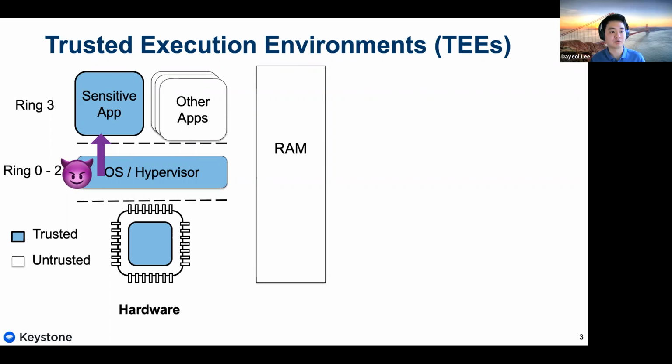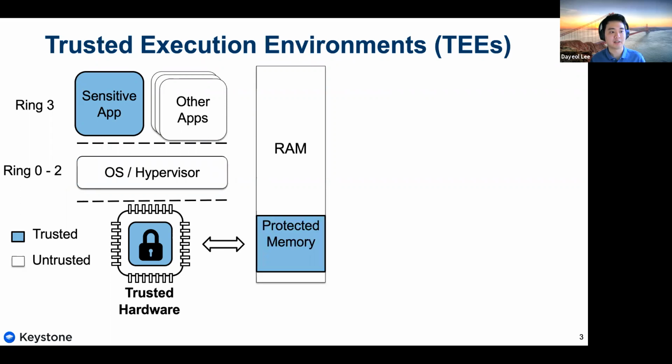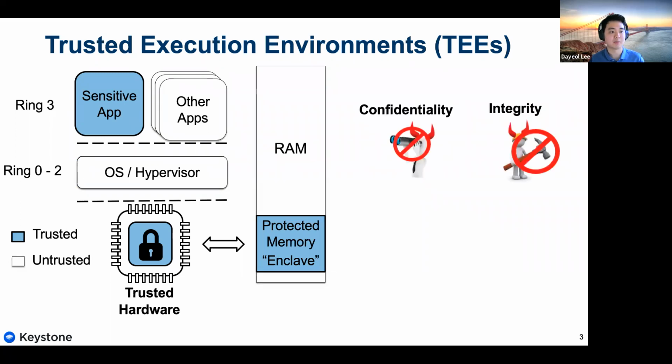So this is where TEE comes into play. The idea is relying on trusted hardware instead of the operating system, and the hardware guarantees that the application resides in an isolated or sometimes even encrypted memory space, often referred to as an enclave. And this isolation provides confidentiality and integrity of the specific application.